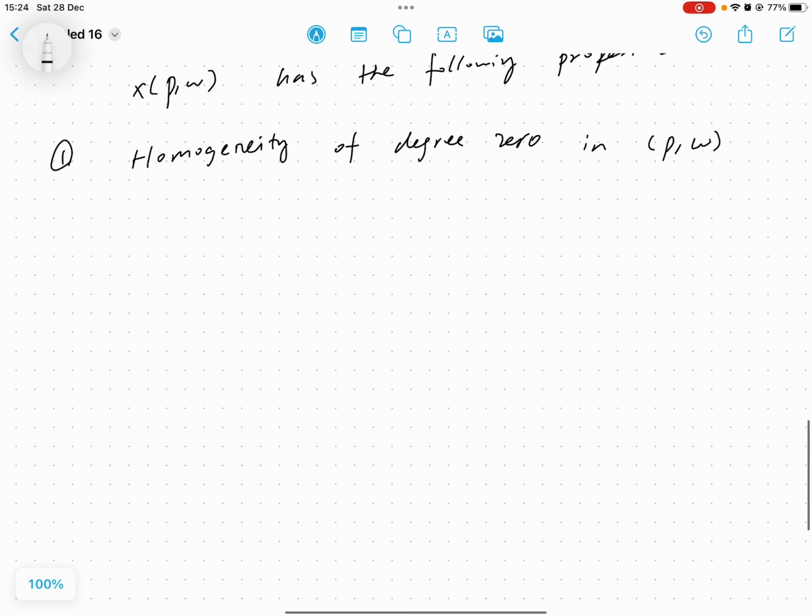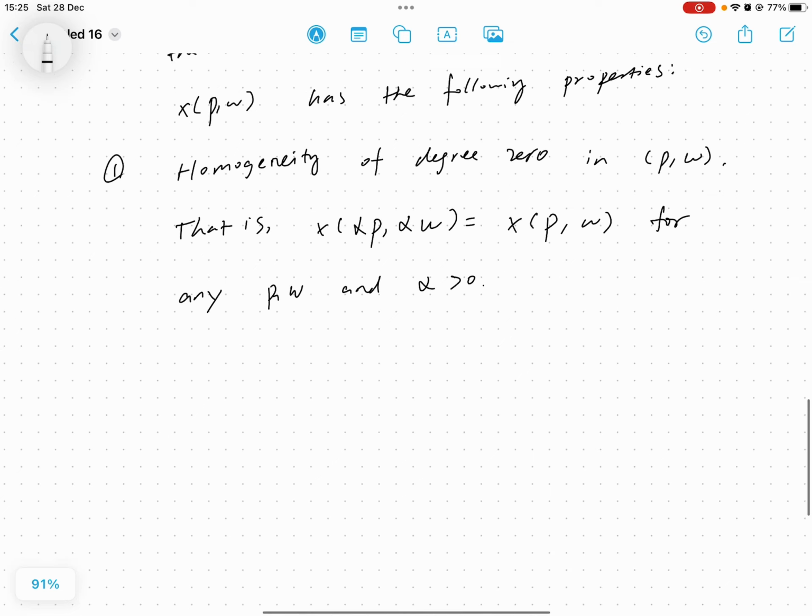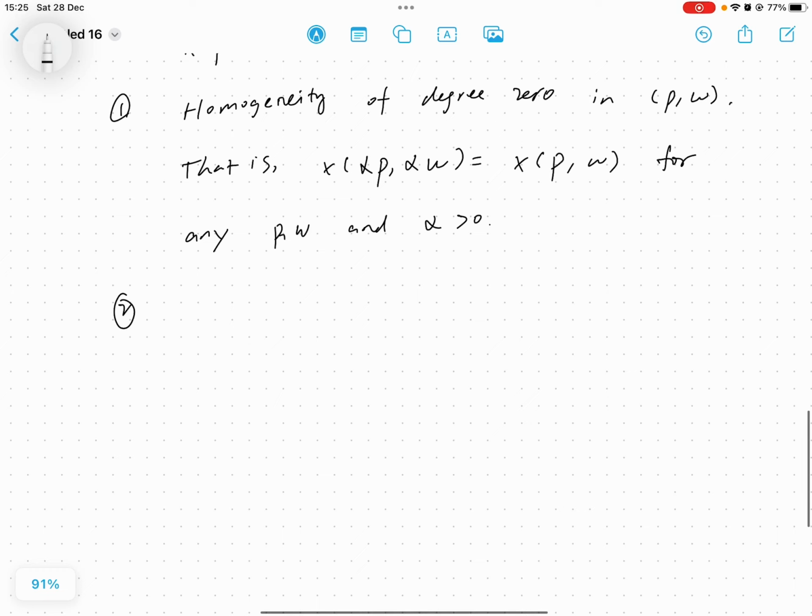It means that if we multiply both price and wealth by alpha, then our solution x is still the same x as before, for any p, w and any number alpha. All right, the first one does not look difficult, right?